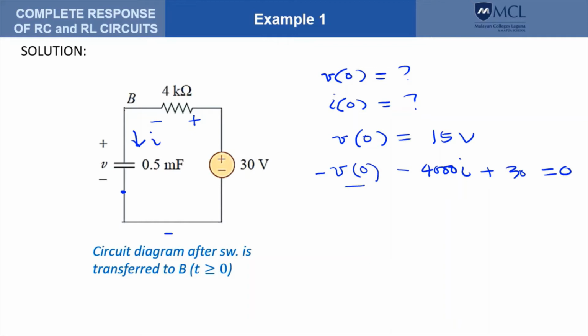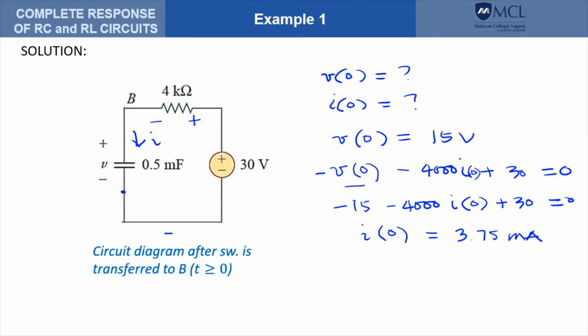Now this voltage is 15 volts. Take note, I here is at t equals 0. And that should give us an I that is equal to 3.75 milliamps.